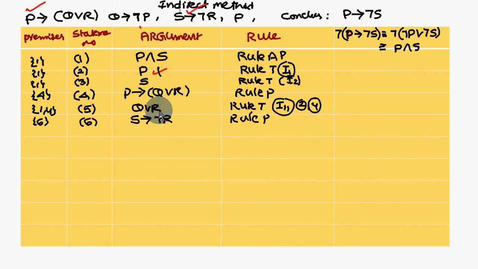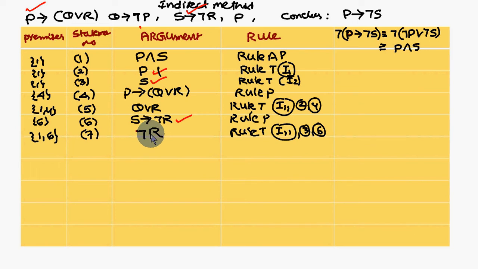Next I am introducing S conditional not R as rule P. In the third statement S is there, in the sixth statement S conditional not R is there. If you apply the I11 rule to the third and sixth statements, you come across not R. This is derived, that's why rule T, I11, 3 and 6 combined.